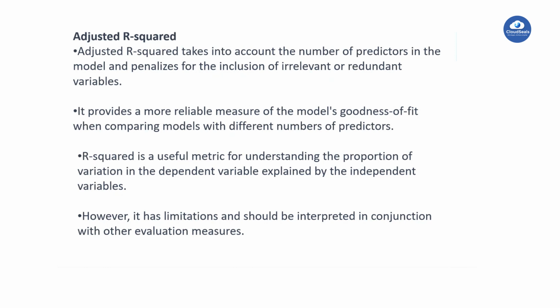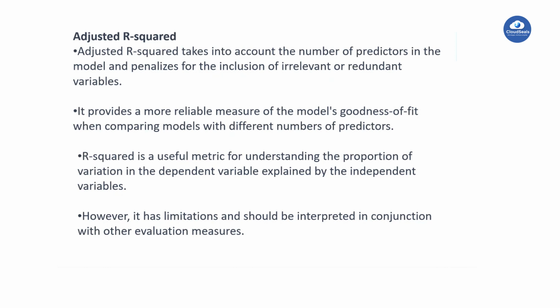Out of the 30 independent variables, all 30 have a relationship with the dependent variable. But out of the 30, only 10 have a meaningful relationship with the dependent variable. The other 10 variables have a relationship to the dependent variable, but it's not that meaningful.